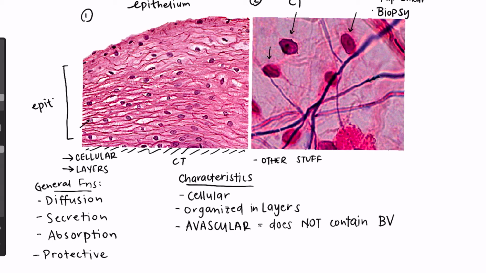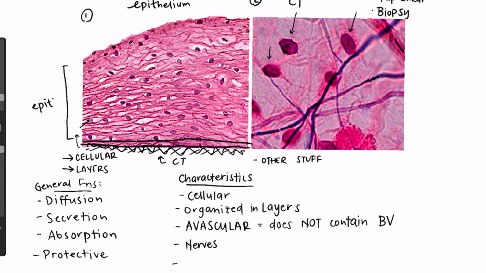So this picture kind of cuts it off, but we would expect to see connective tissue down here. And this connective tissue can support and connect the epithelium that it lies next to.